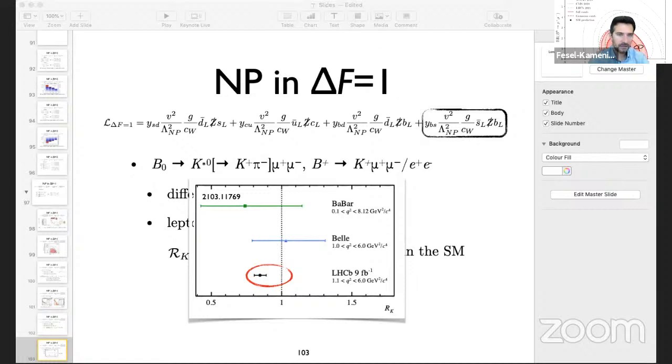And he will do some explicit examples of how one can estimate the effects of new physics in those observables.